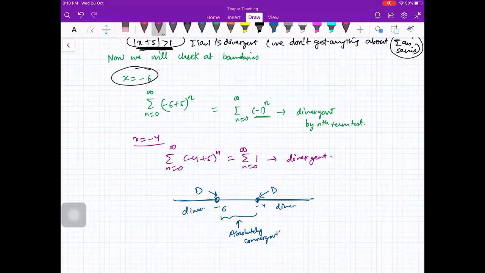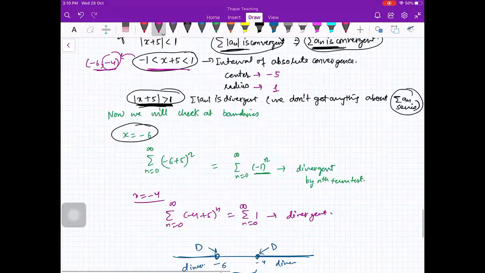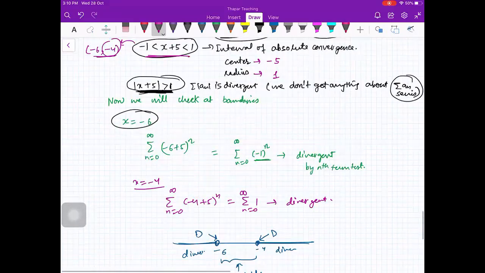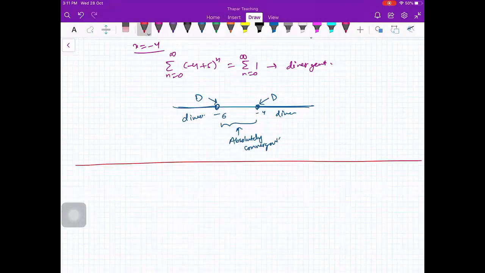Ma'am, what is the significance of radius of convergence and center? Okay, beta. You see, we have this power series, and obviously if the sum is not finite, this series does not make any sense.